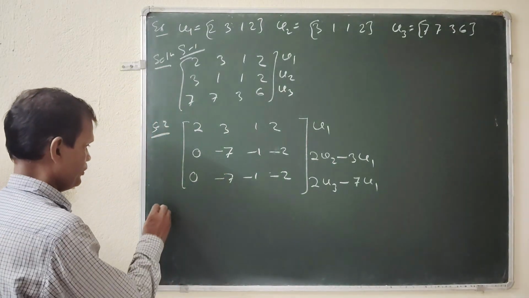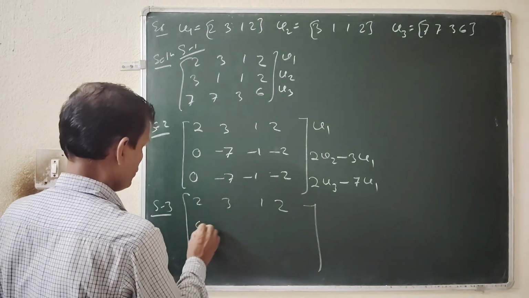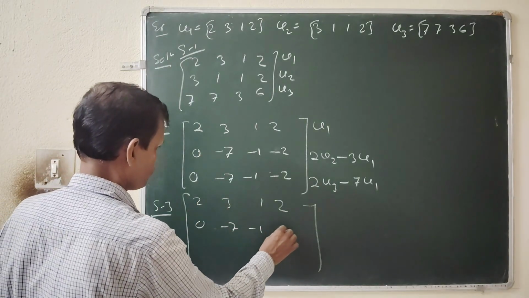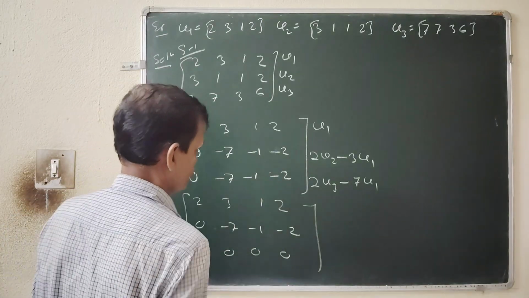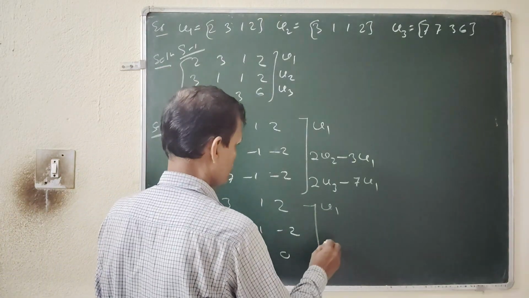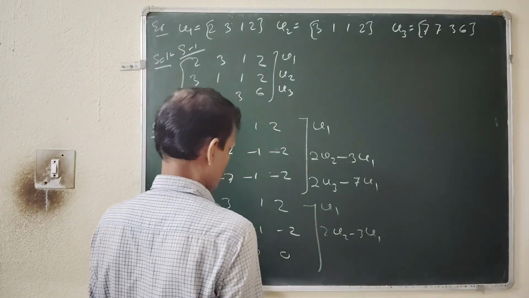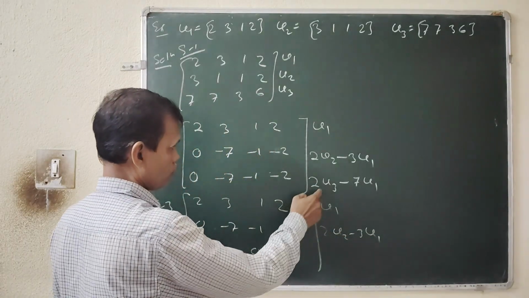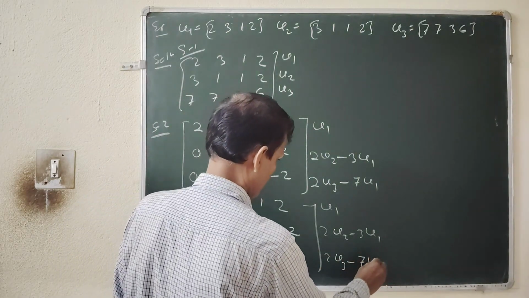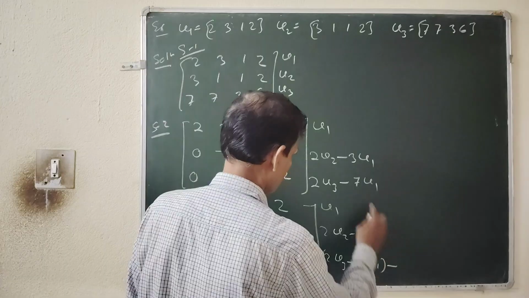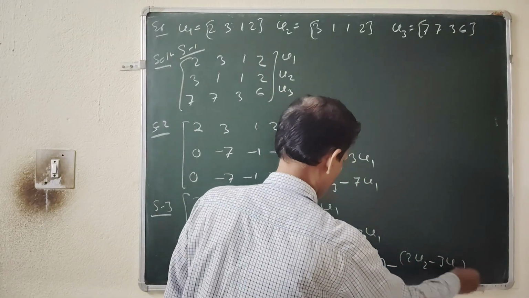Then in step 3 we have 2 3 1 2, then 0 minus 7 minus 1 minus 2, and then 0 0 0 0. So this is v1, no change; this is 2v2 minus 3v1, no change. Now how is the zero row formed? This row minus this row, that is, 2v3 minus 7v1 minus 2v2 plus 3v1.